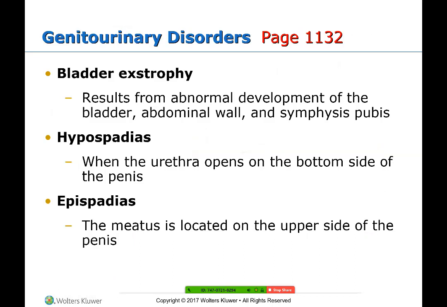So genitourinary disorders, bladder exstrophy. So the bladder's on the outside of the body, but it isn't just the bladder. It is talking about some other things too. So the abdominal wall, the urethra, the ureteral openings. So something went wrong, and all of this is on the outside of the body. It isn't just like go in and push it back in.